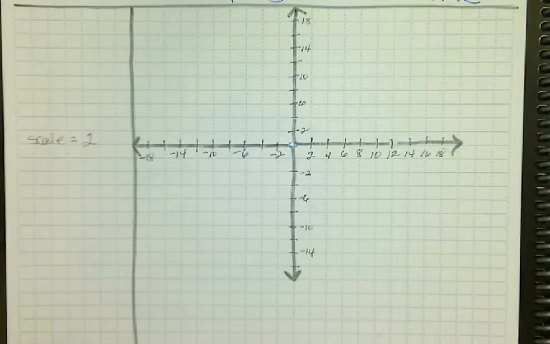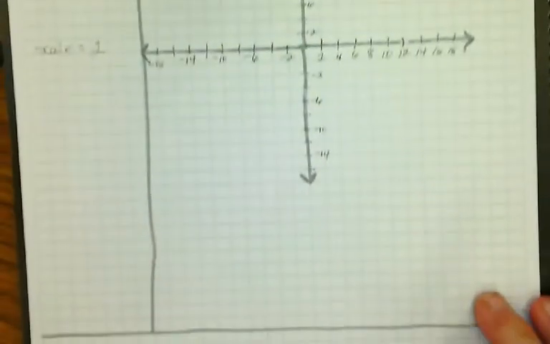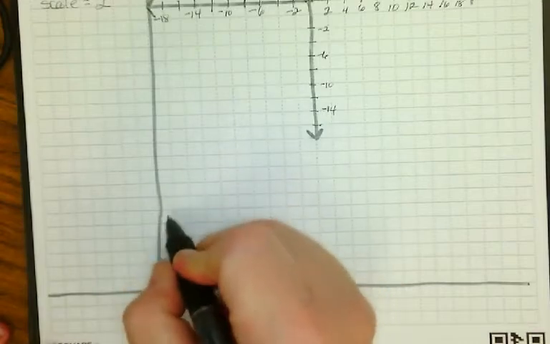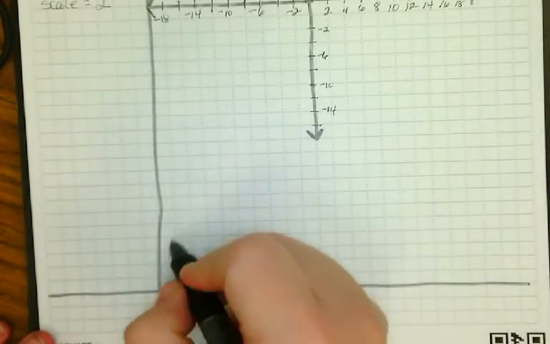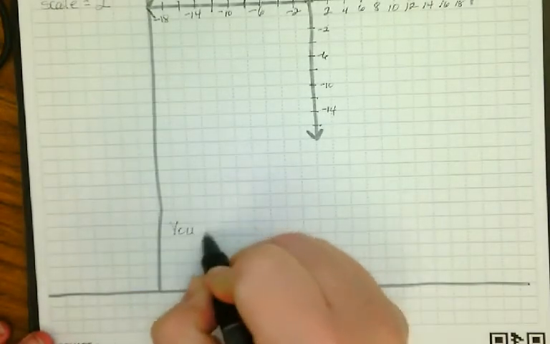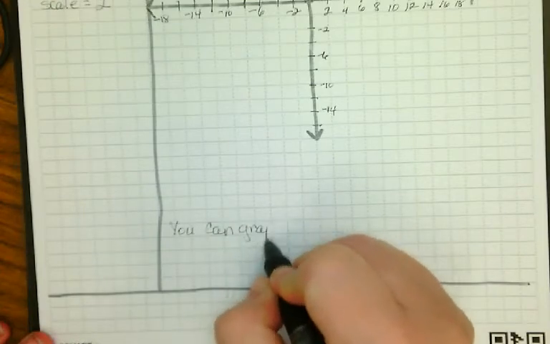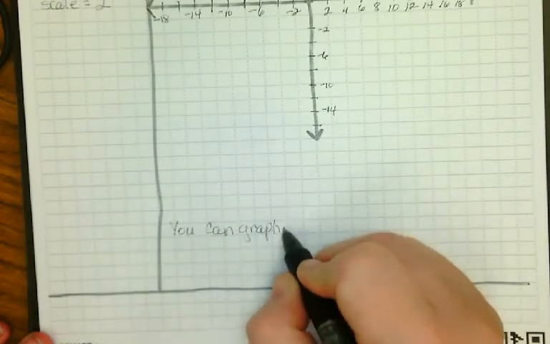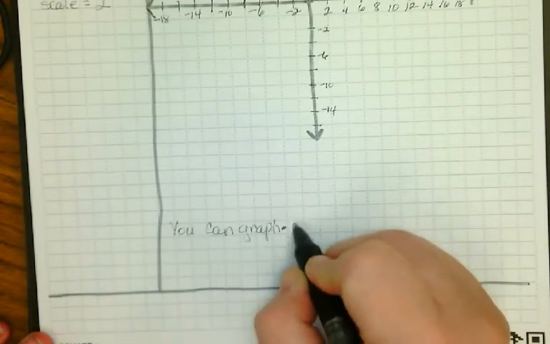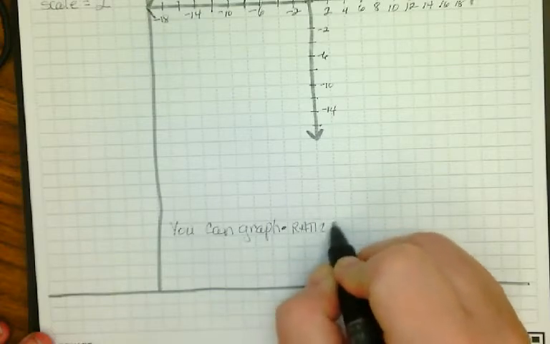What I want us to map out, by the way, you can map a lot of things or graph a lot of things. I'm going to just put down here at the bottom. You can graph ratios.